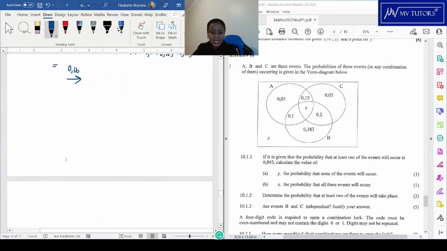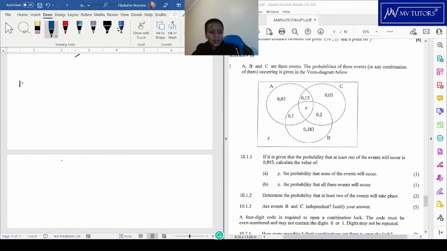Okay, that's b. And now we get to 10,1, 2. Determine the probability that at least two of the events will take place. So at most, three of them will take place, but at least two will take place. Okay, so if that's the case, the probability that at least two events occur.